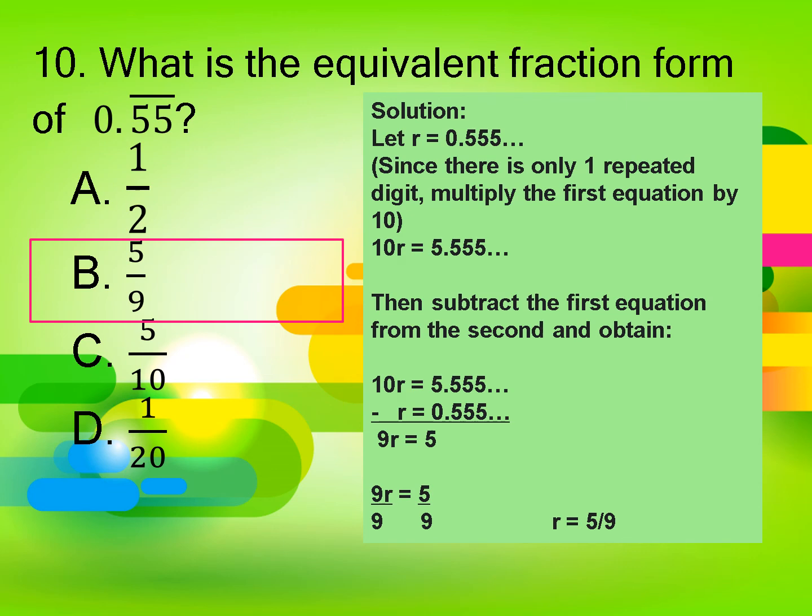So 5 here is in the tens place. So we'll put 5 as our numerator, and over it the tens place, so 10, we will subtract 1, so that is 9. So that's 5 over 9.